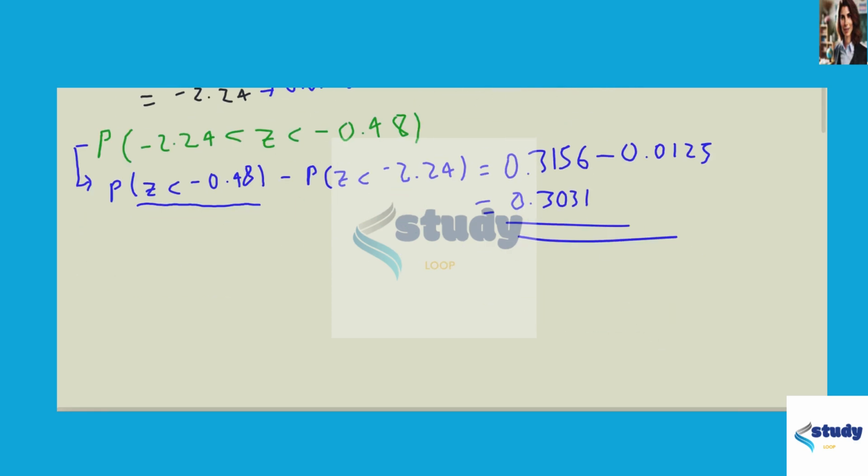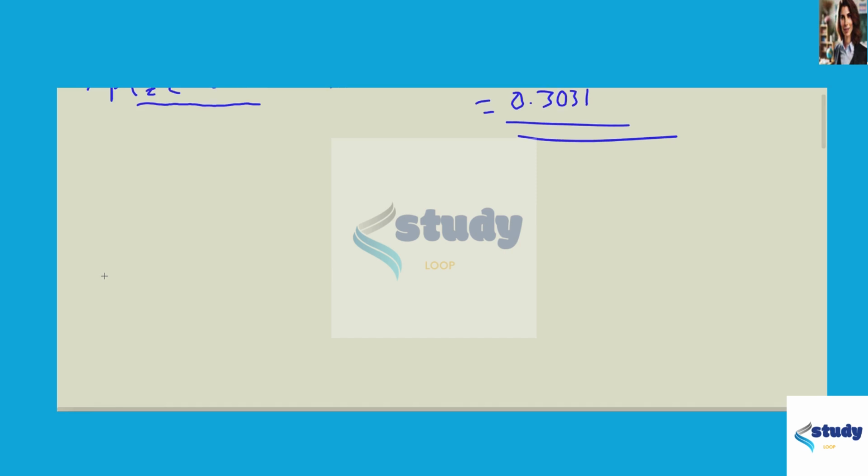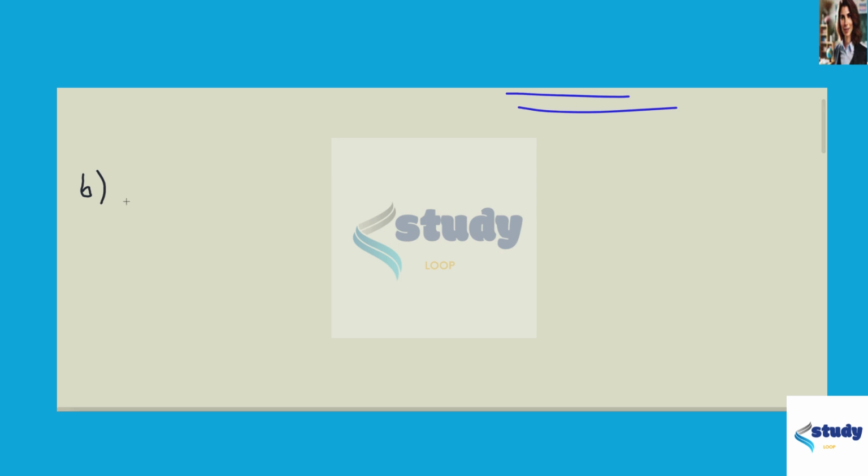Now part B is slightly different. It's asking us for the probability that the teacher earns more than $40,000 a year. So we can write that as the probability that X is greater than $40,000.